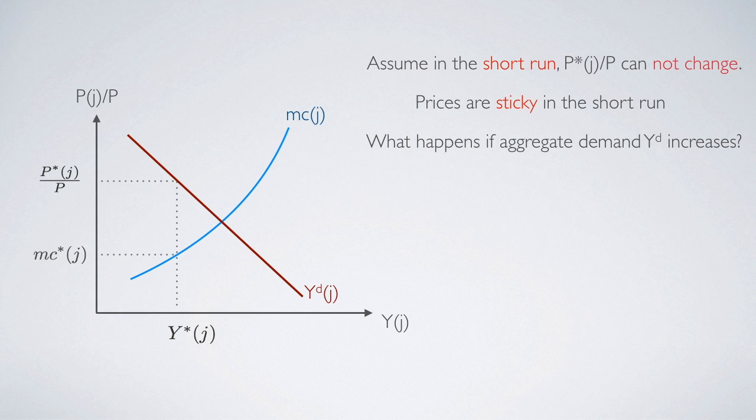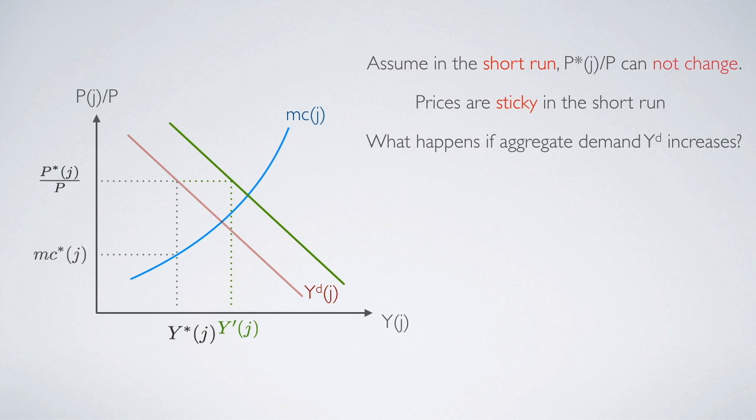To understand that, we know that based on what we learned earlier, when aggregate demand increases, the demand curve for each item will increase. So under this new demand curve, if the firm still sets the price to be P star over P, he can sell more units if he wants to produce more. The units he can sell now under this price would be Y prime.